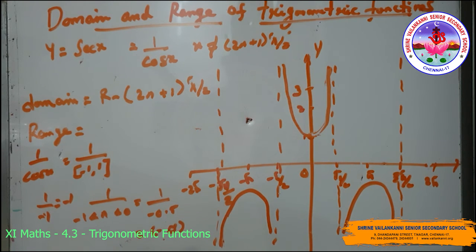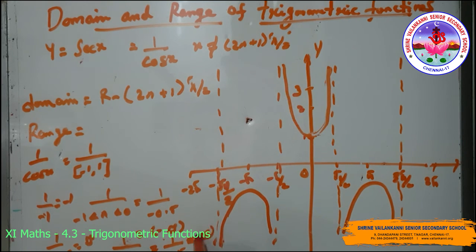Again, if we take n as 0, 1 by 0 is infinity. And if we take 1 by n, where n lies between 0 and 1, it is the same as with minus 0.5. It will go till infinity.